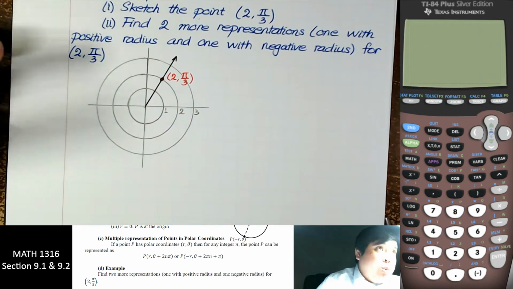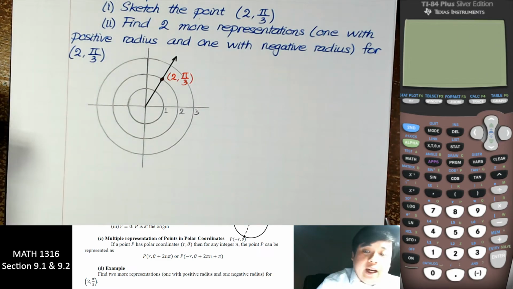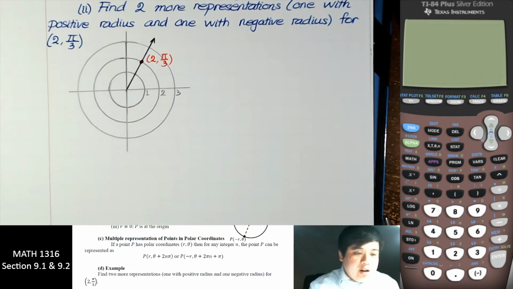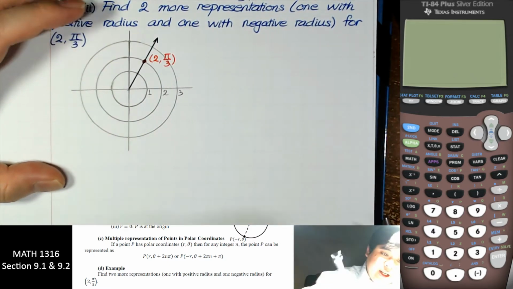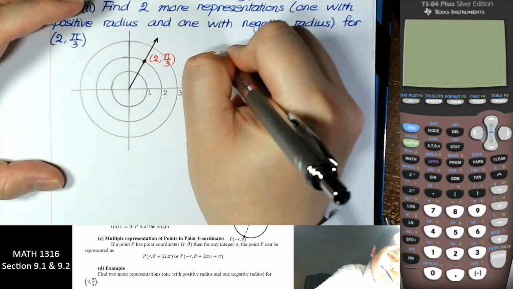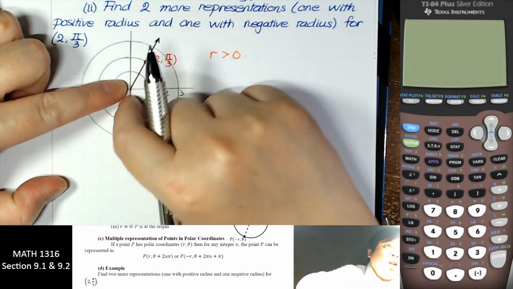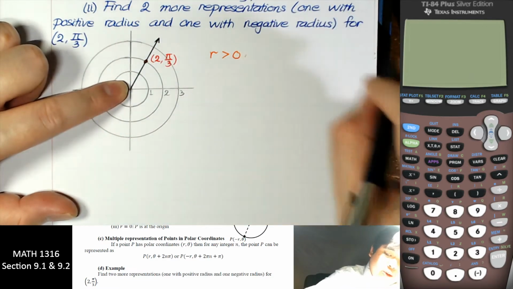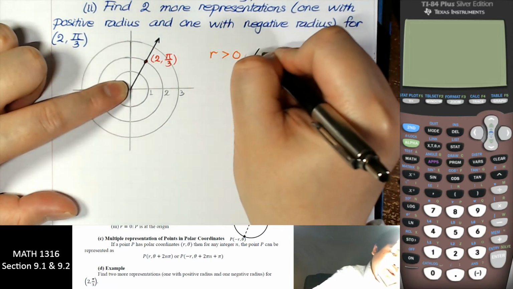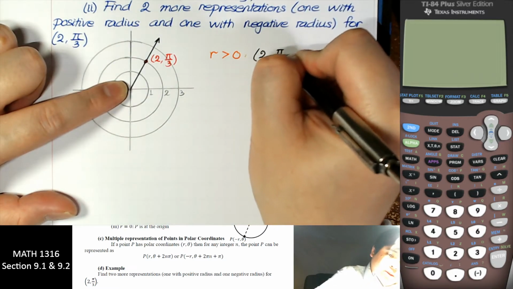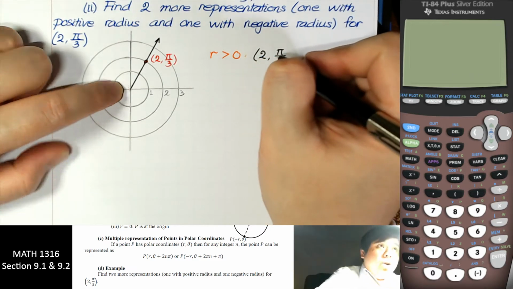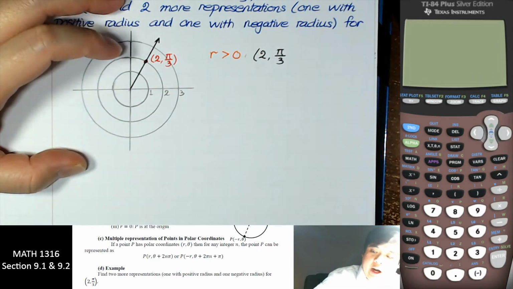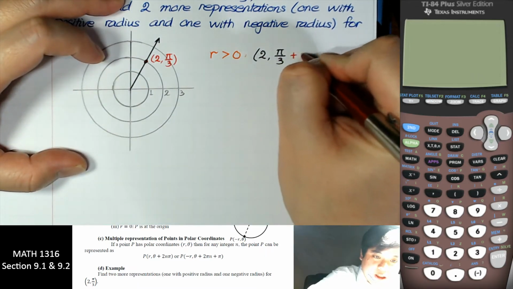Next, find two more representations, one with positive r and one with negative r. It's very easy. First, let's do the positive r. If r is positive, it means we go in the same direction as the terminal ray. So the radius is going to be still 2. The angle though, we can add 2 pi to get back to the same thing.